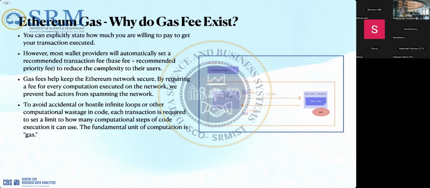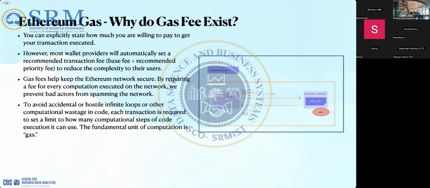You can explicitly state how much gas you are willing to pay to get a transaction executed. That's the max gas. Most wallets provide this estimate automatically, right? They will tell you what the base fee is. The base fee is derived from the network, calculated based on the previous blocks.